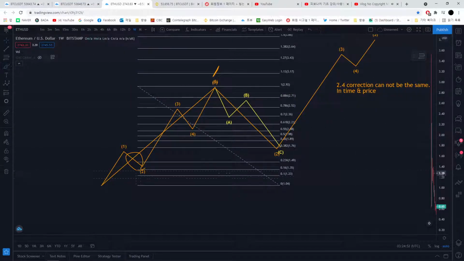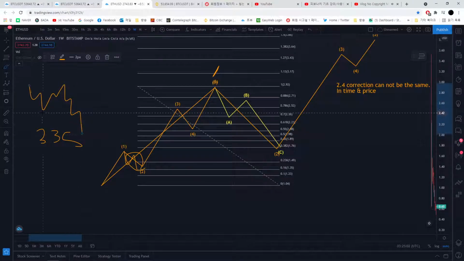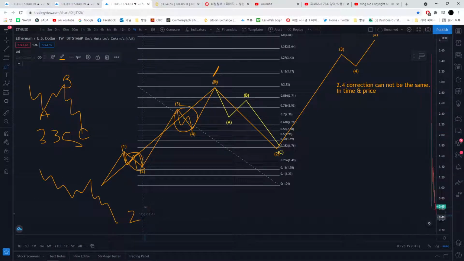So basically, if that was ABC, let's say it was a flat, so 3 3 5, right? 1 2 3 A, 1 2 3 B, 1 2 3 4 5 A, B, C. If that was flat, that means you cannot have flat in this area. So that means it will be either 5 3 5, a zigzag, right? Zigzag or a triangle, and then go up.